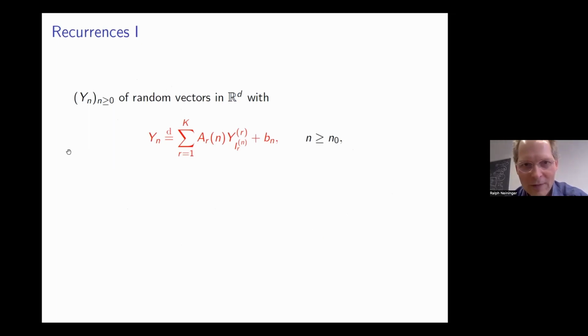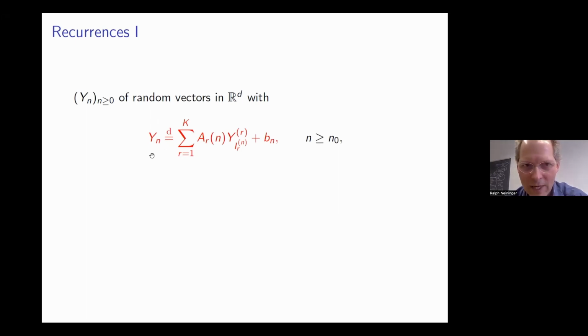And if you cannot recognize my voice and you also have the impression this guy on the screen is much older than Ralph, you may still recognize the slides here. This is a type of recurrence I've worked a lot on. For the talk, you can just think of the Y_n as one-dimensional random variables, but you can also think of random vectors. And we consider a sequence which satisfies a recurrence of a quite general type.